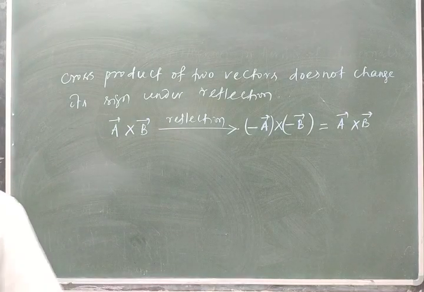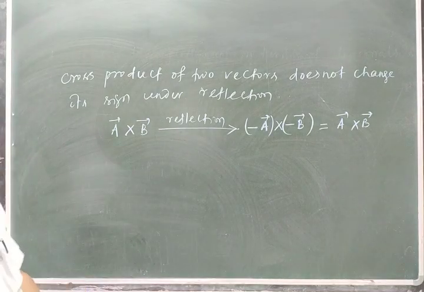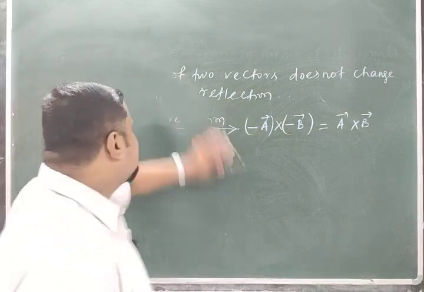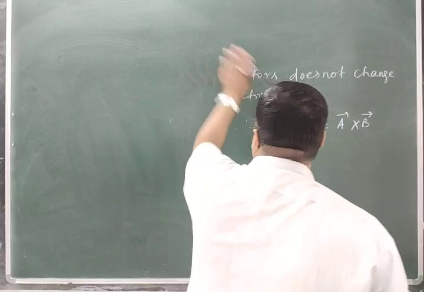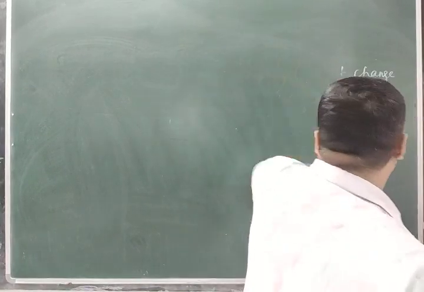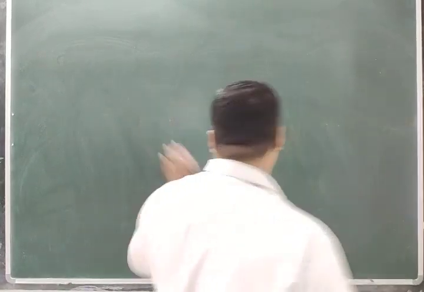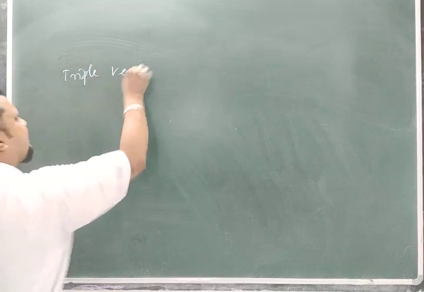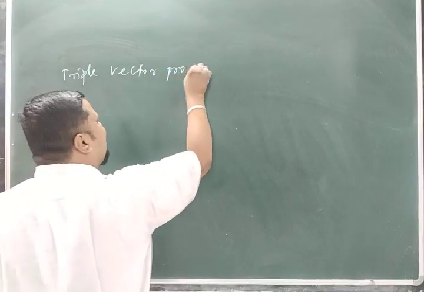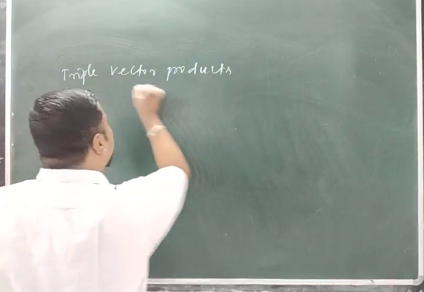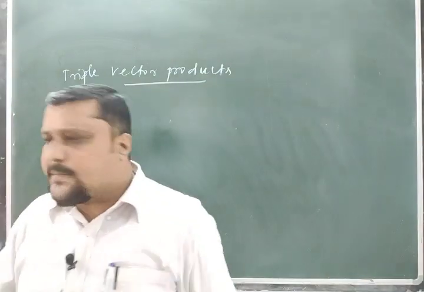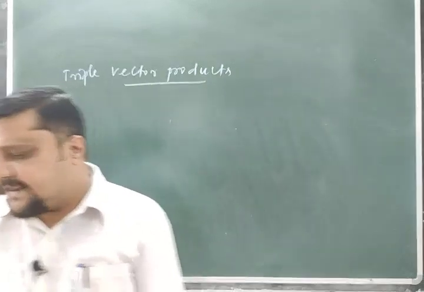Clear? Then another formula. We will not go into the derivation of all these things, that is not in our council syllabus, but you remember this formula, the triple vector products. Means three vectors, and we are doing the cross product or dot product or a combination of these three.